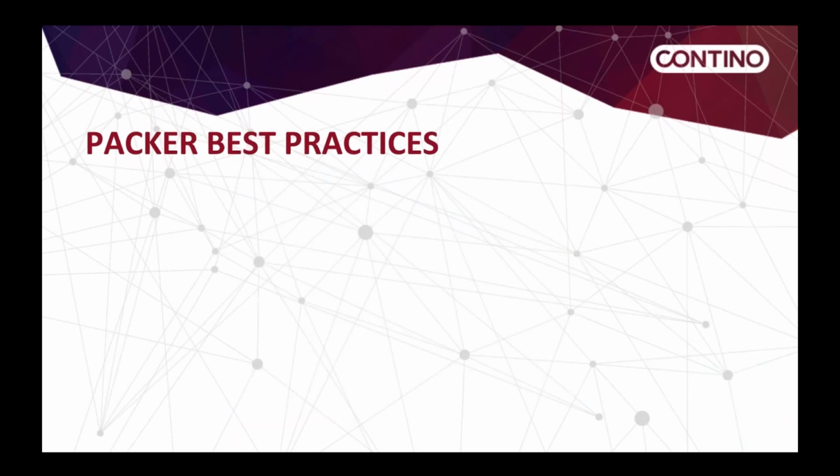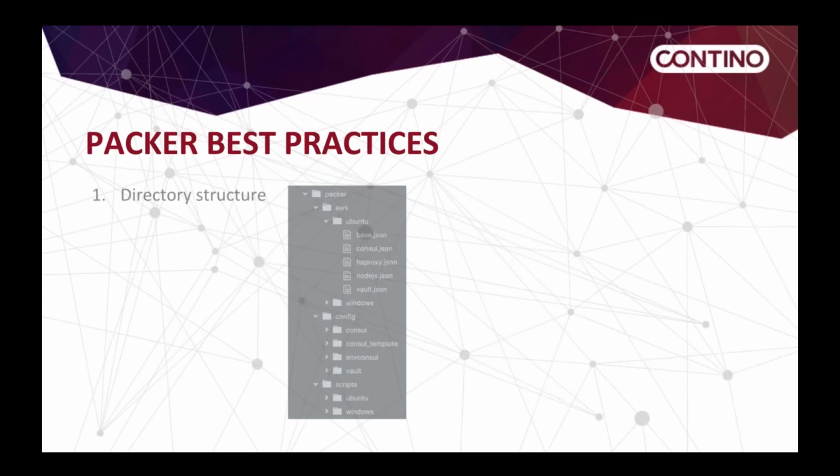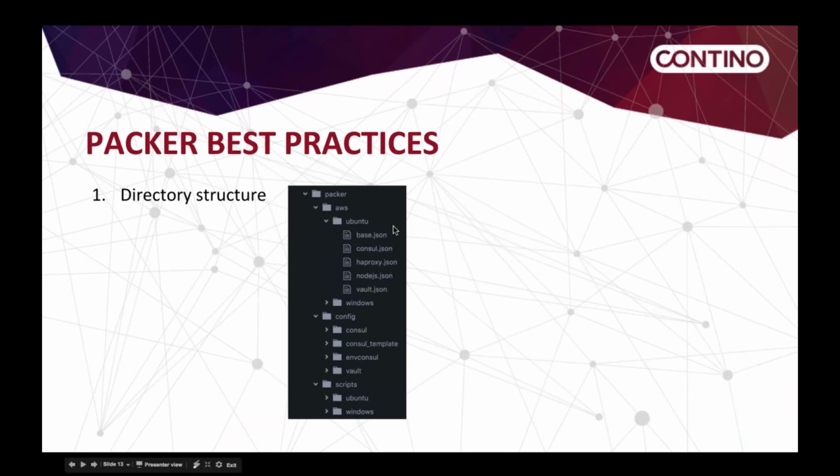So some best practices around Packer. It keeps things very tidy, especially when you're writing infrastructure as code. You can see here that we have an AWS directory. This means any Packer templates that we're going to build that are going to be in AWS should be in here. And then below that level, you should have the operating system of these particular Packer templates.